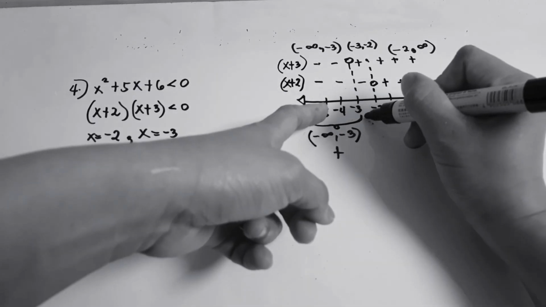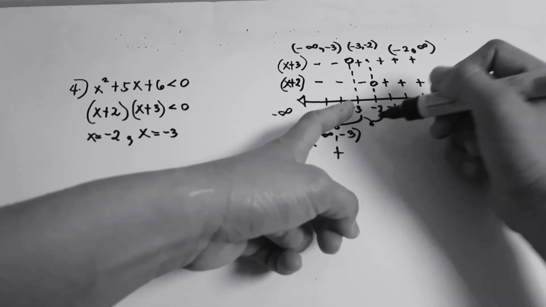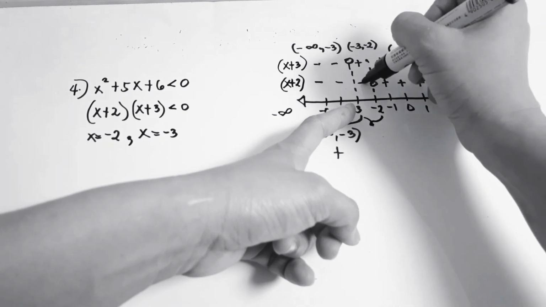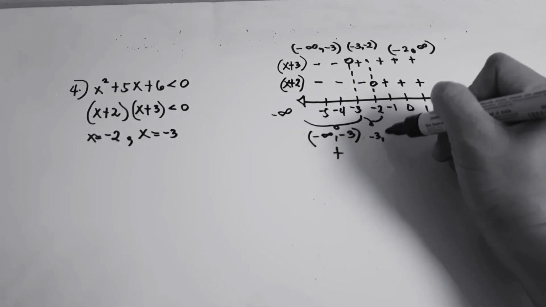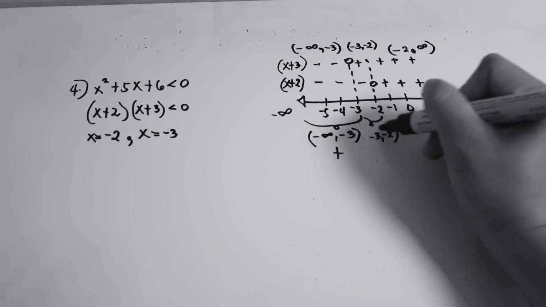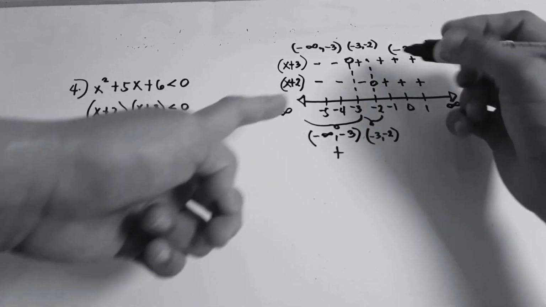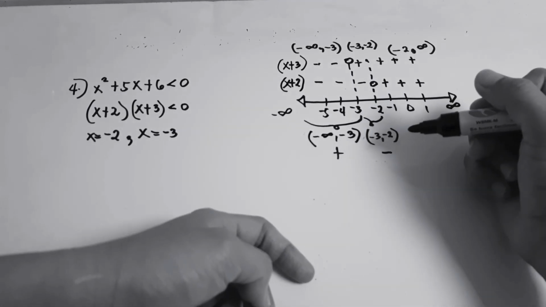And then in this interval, we have negative 3 and negative 2. Since negative times positive is negative, we have negative in this section. And positive times negative is negative.